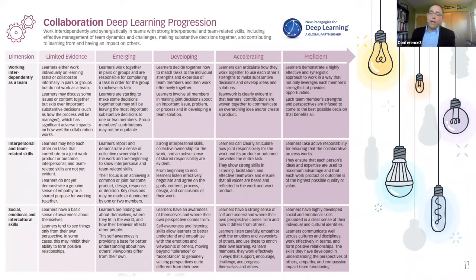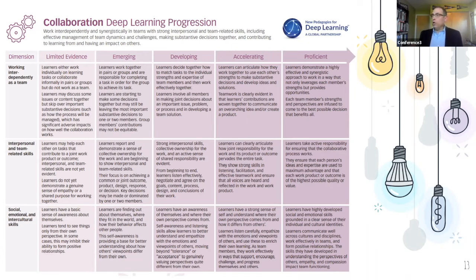And then we looked at the learning progression. So I have up here right now, collaboration. And then I said, okay, within the learning progression, let's look at one dimension of, in this case, collaboration, right? Let's look at the language, right? So, for example, the very first dimension is working interdependently as a team.